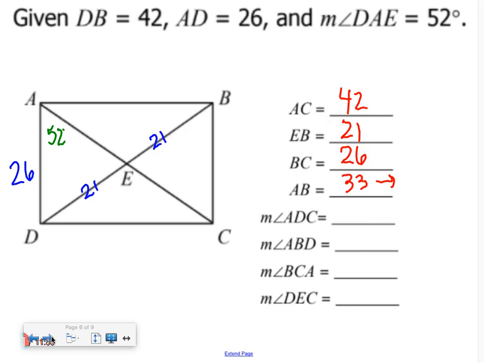You should have done 42 squared minus 26 squared to get that, equals x squared. Okay, what about angle ADC? 90. Angle ABD? 38. Angle BCA? 52. And then angle DEC? 104. Good work.